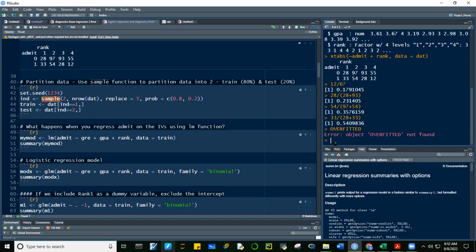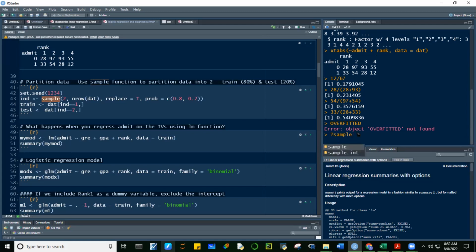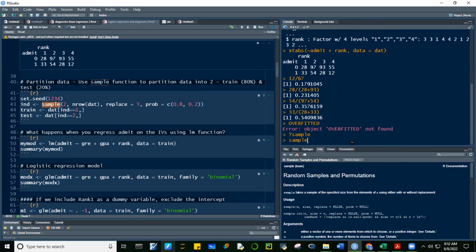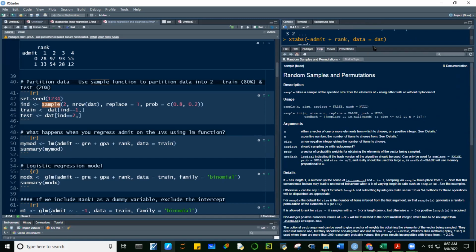So let's first check what the sample function does. I ran it here in our console, and the sample function comes from the base package.